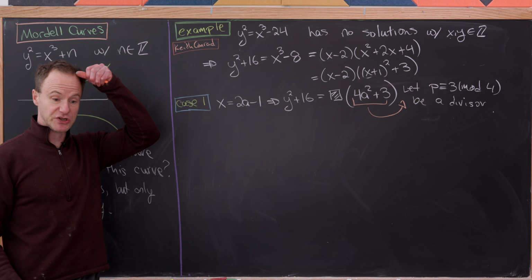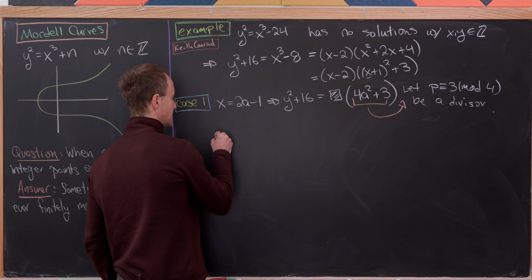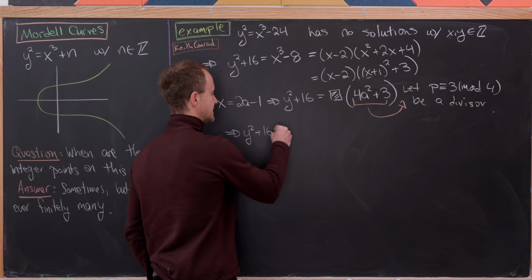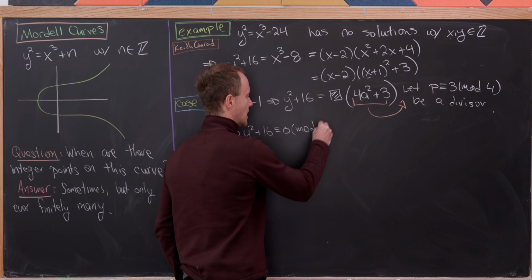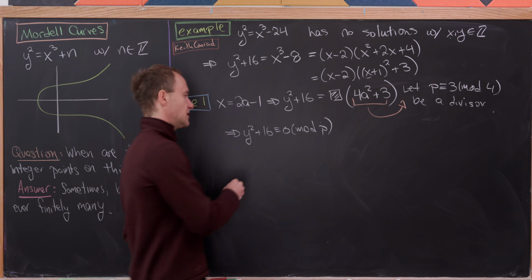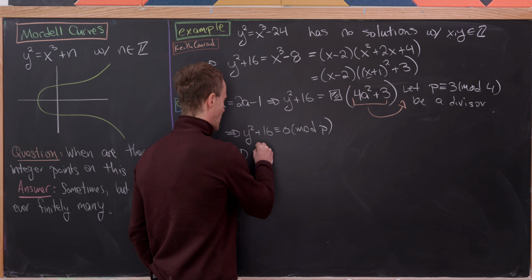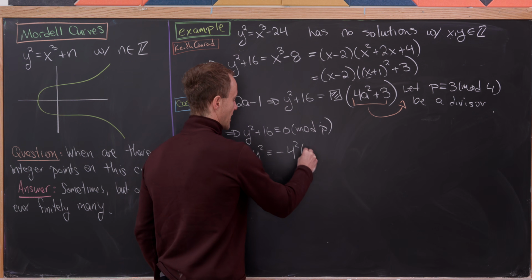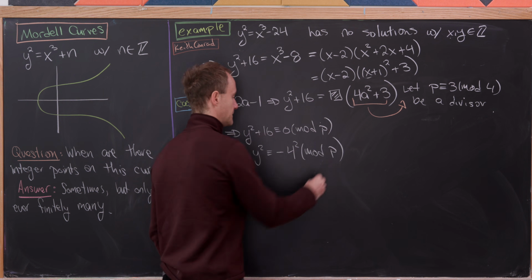And now let's reduce this whole thing mod p again. So that's going to give us y squared plus 16 is congruent to 0 modulo p. Okay, nice. But now that's going to give us y squared is congruent to negative 4 squared mod p.